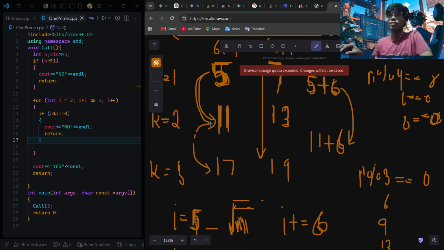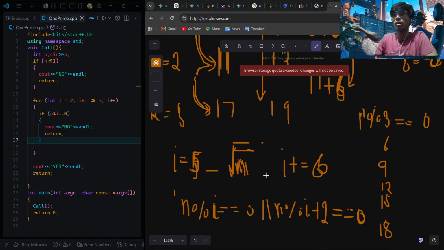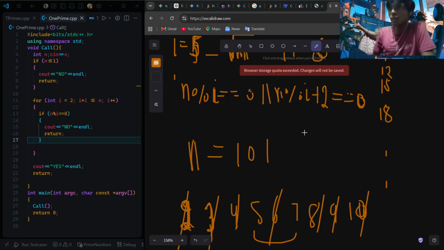After 11, we have to check with 17. So how will I get 17? 11 plus 6. So what we will do is start from i equal to 5 and take the jump of 6 here, not 1. I will take the jump of 6 here, and this is basically the logic.